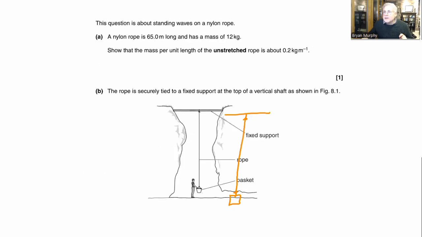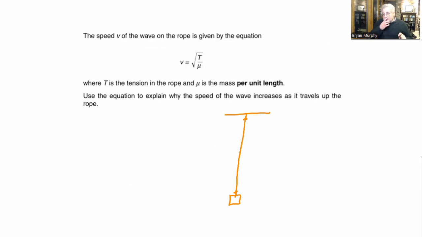It is 12 kilograms. So at the bottom, it is supporting just the mass of the basket. At the top, the tension is the mass of the basket plus 12. So as you go up the rope, the tension increases. If the tension increases and the mass per unit length stays the same, that means that the velocity must be increasing. Okay, quite a tricky question, that.